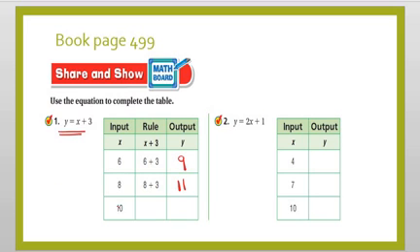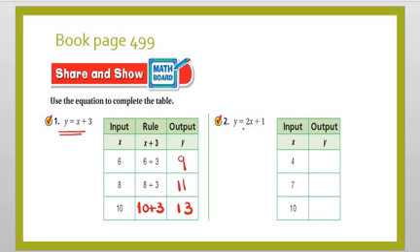Okay, what about the last value? Again, remove the x and put what? 10 plus 3 equals what? 13. So the output changes according to the value of x. Y is the output or the dependent variable. X is the input or the independent variable.